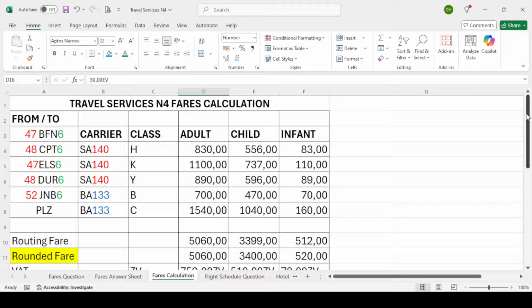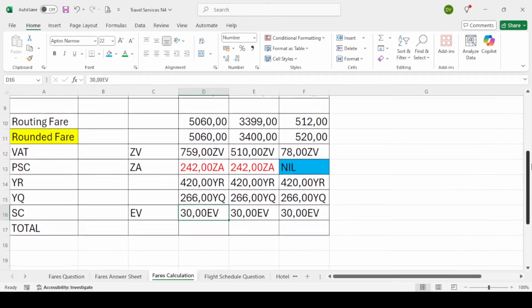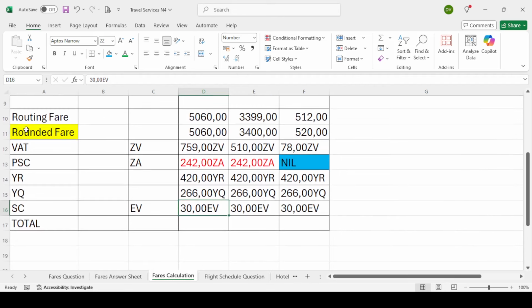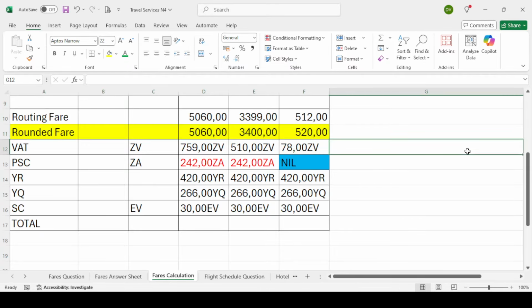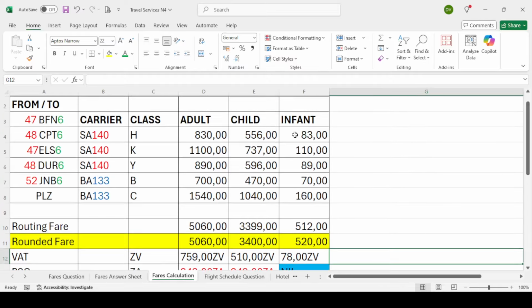Okay, so you're basically done. All you need to do is add up the total. Now, when we add up the total, we will only add up from the rounded fare down. So you're going to add everything from this line towards the bottom. It makes sense, right, guys? Because remember, you've already added up your fares.